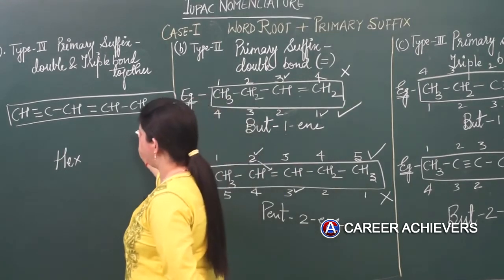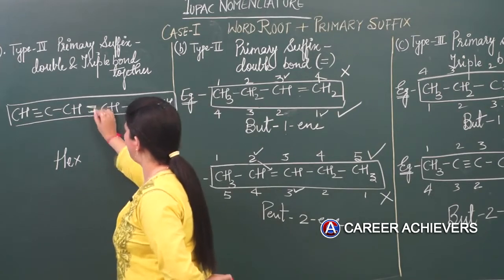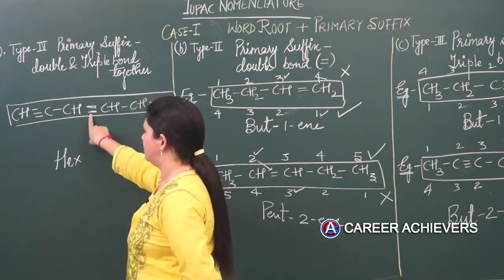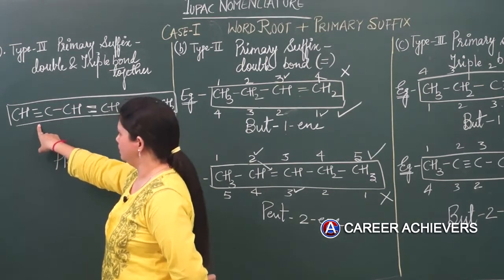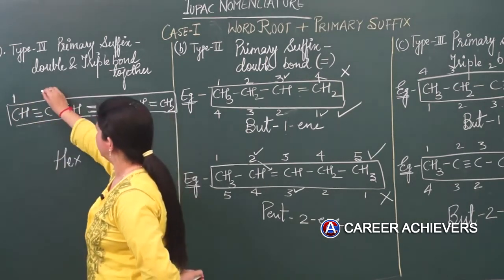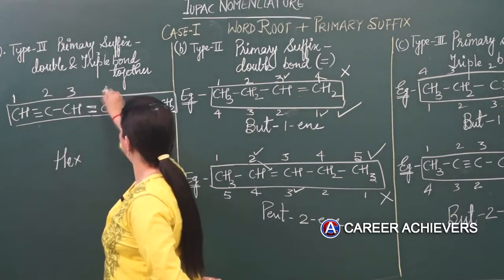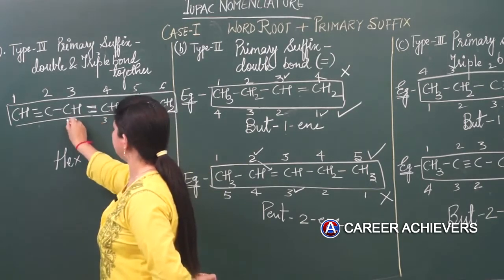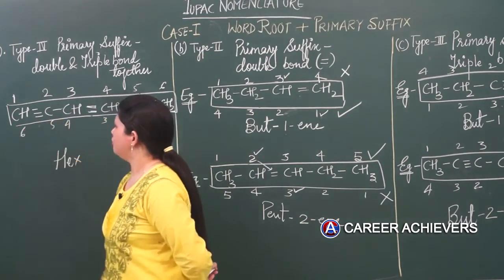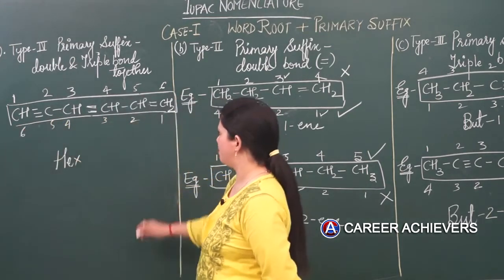So the word root would be hex, because hex is the word root for 6 carbon atoms. Now you need to see well that in this molecule at 2 places a double bond is there and at 1 place a triple bond is there. So how to number it? If I number it like this, 1, 2, 3, 4th carbon, 5th and 6th, and then if I start from here, we have to compare both the numberings properly.